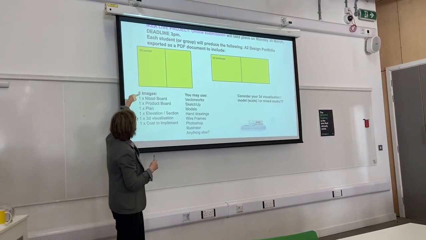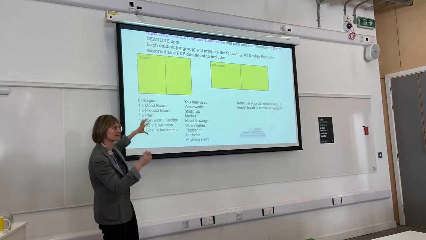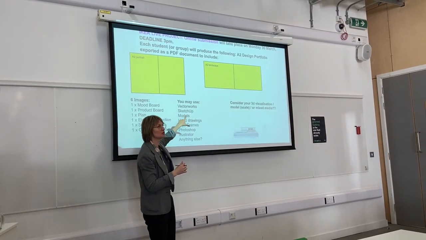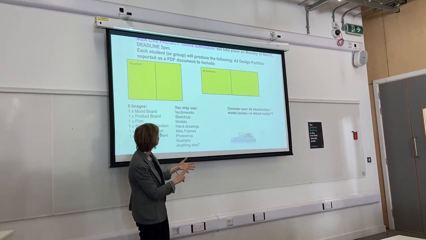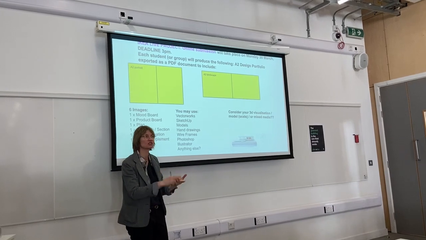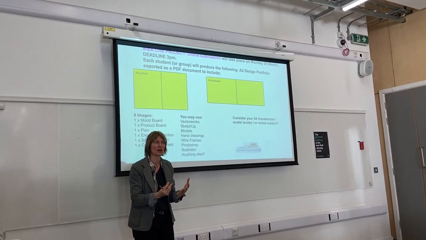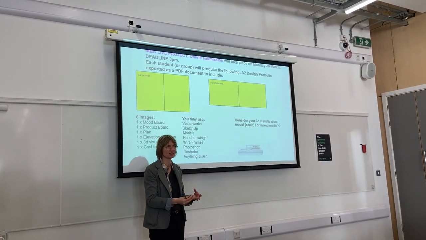Essentially, it will consist of these 6 images, or 6 pieces of information. You can use Vectorworks, SketchUp, models, hand drawings, wireframes, Photoshop, Illustrator, photography, anything else. You can determine how you work on this project.